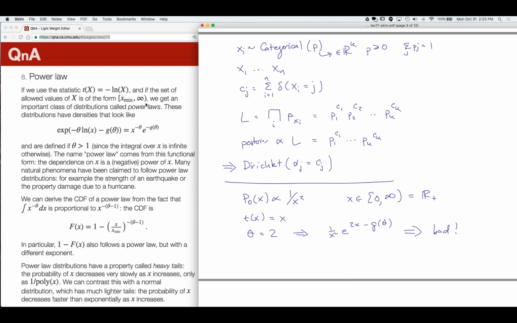If we have a feasible range of x's that goes from some minimum x up to plus infinity, and we take our statistic to be t equals minus the log of x over x min.